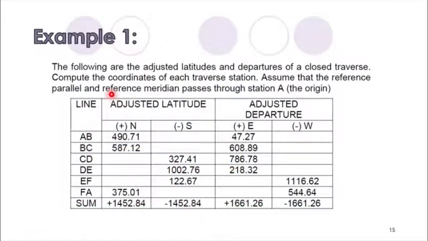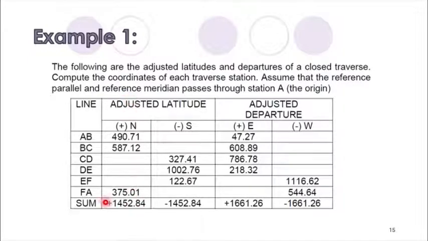We have here an example. We will apply those rules by solving this example. We have here the adjusted latitudes and departures of a closed traverse. The first step in solving the coordinates of a closed traverse is to balance the traverse, but I will no longer discuss how to balance it because we already did that in the previous lesson, so the given values are already adjusted.